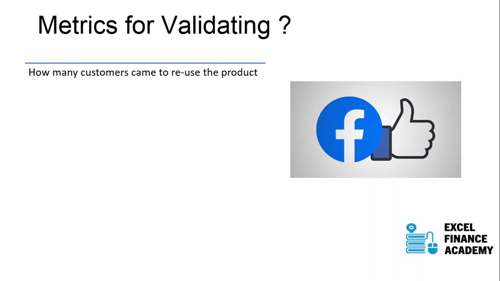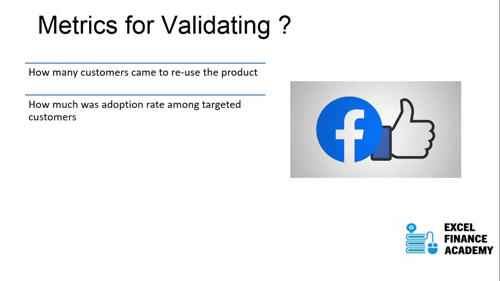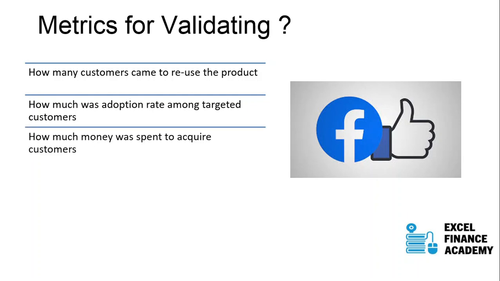At that time Facebook's customers were coming daily to use their app at least once a day, so the retention ratio was very high. The adoption rate was very high among the target market. In the universities, 80% of the students were using the application at that time.